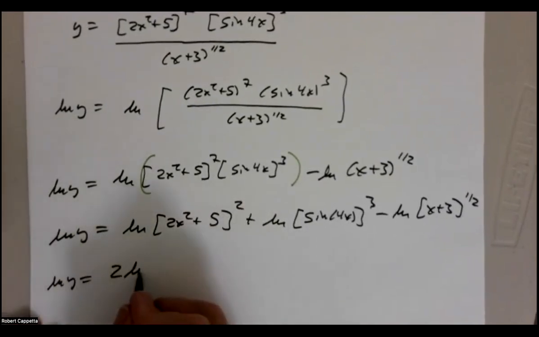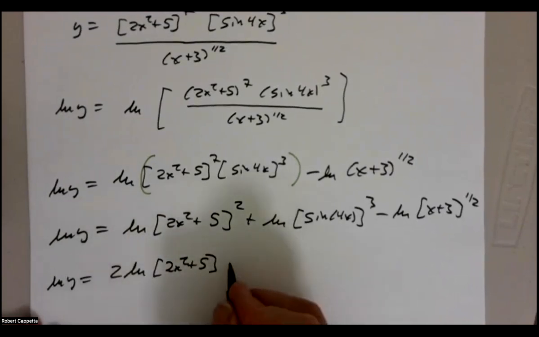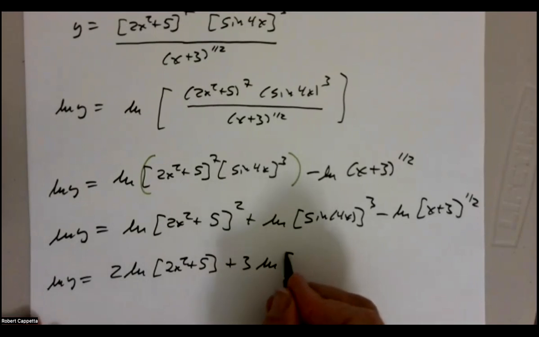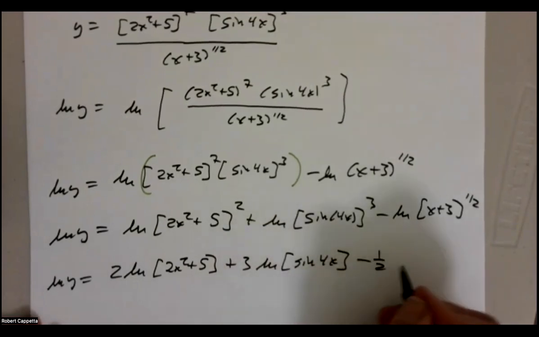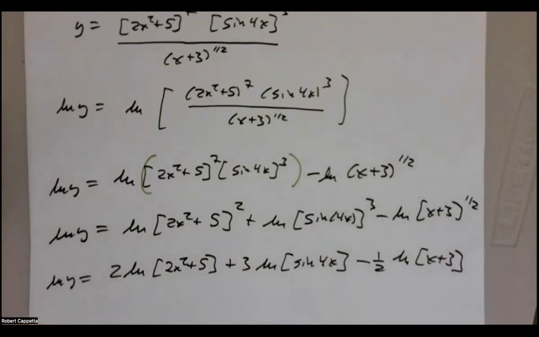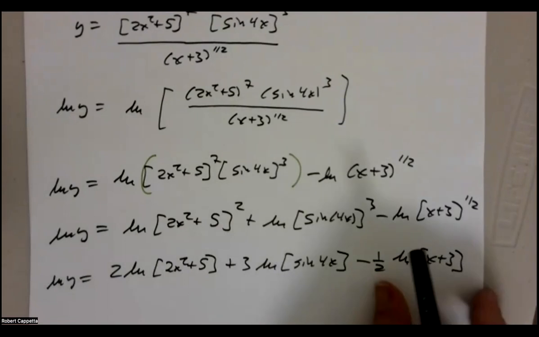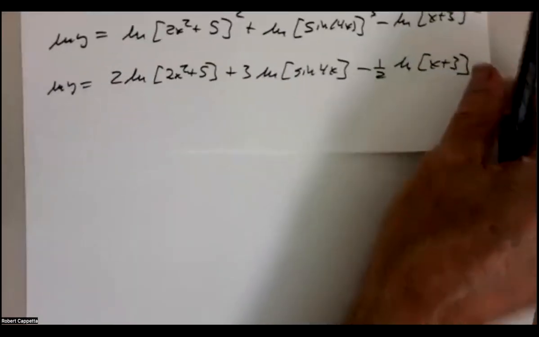Log y equals 2 times the log of 2x squared plus 5, plus 3 times the log of sine of 4x, minus 1/2 the log of x plus 3. Then what? Then we take the derivatives. So how is that going to work?